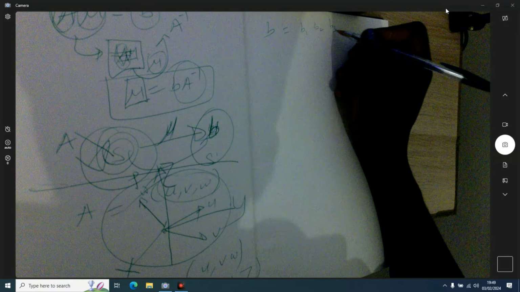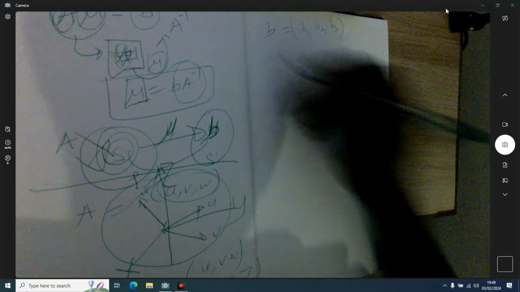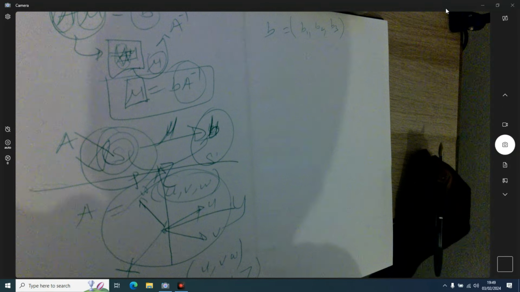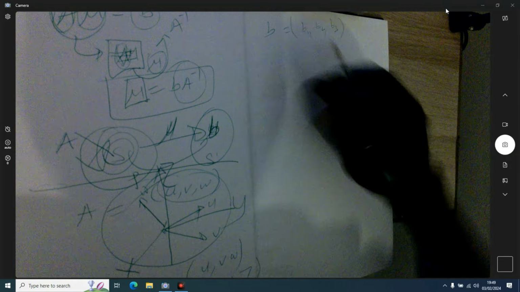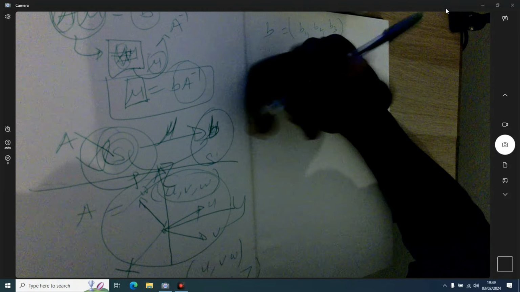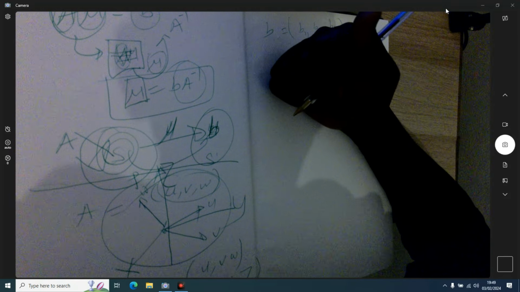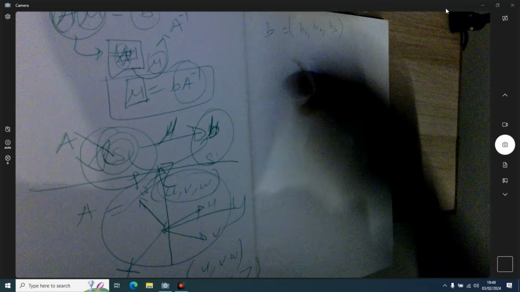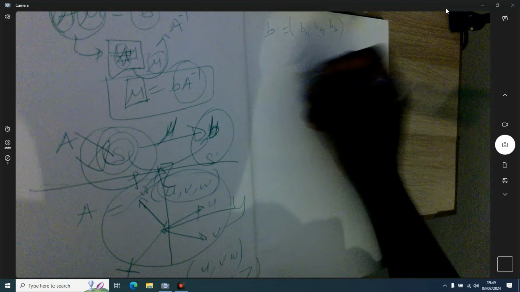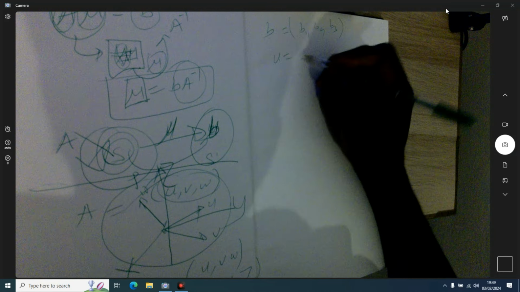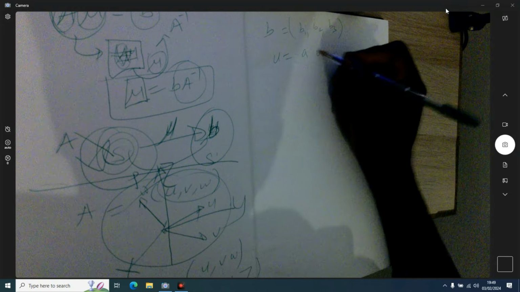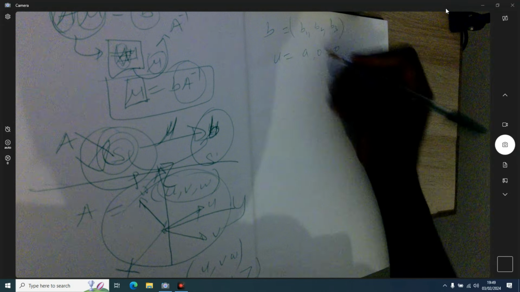Now, how are we going to solve this one? Now, let us give them some quantity, some values, after knowing the existence of the problem in a space. We want to come up with something to symbolize the problem. Let's say the problem in the direction of U is A1, 0, 0.